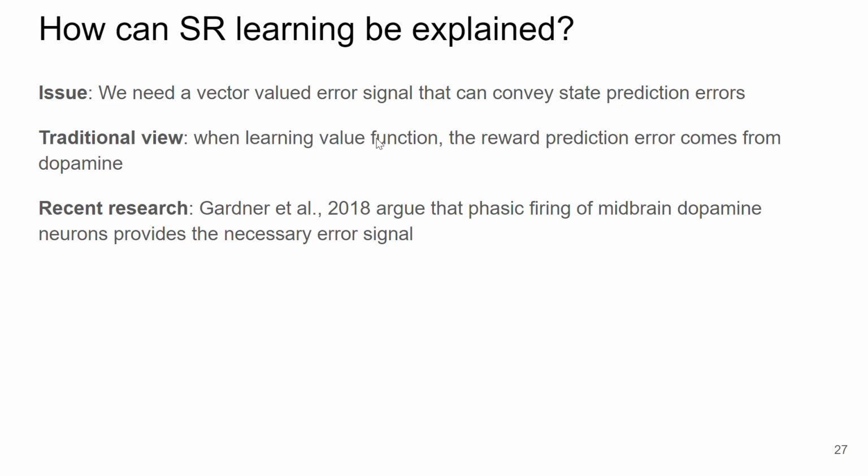So yeah, if you look at the firing rate, it seems like a scalar. So how can an SR be learned? Because it needs a vector to learn. They quote this paper saying that it argues that phasic firing of midbrain dopamine neurons do provide the necessary error signal to learn the SR. But I didn't go into that paper, so I'm not going into more detail here.